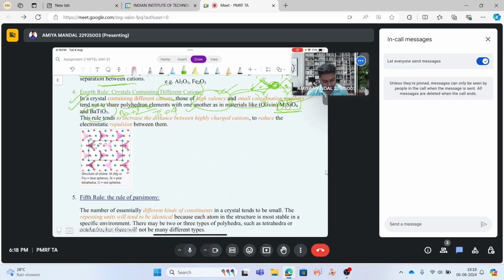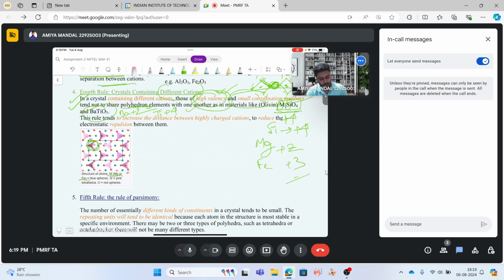We can see the magnesium or iron ions as blue spheres, and the silicons are purple. Silicon has a higher valency, +4, and magnesium or iron have +3 or +2.